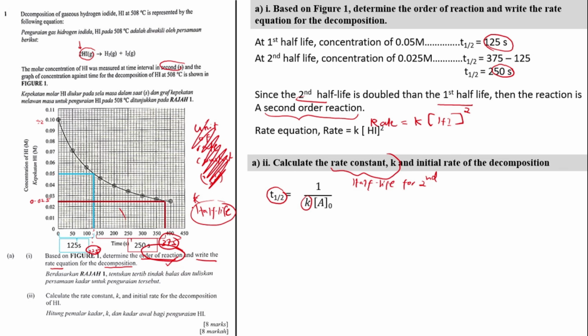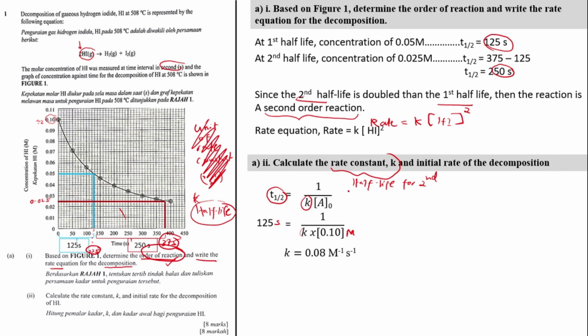Our first half-life is 125 seconds, which is the blue color here. We put in the formula: 1 is still 1, k is what we need to figure out, and our initial concentration is 0.10. So we plug in and solve the mathematics. Here is in seconds, and this one is in molar. Once you do the math, you get k equal to 0.08 per molar per second. The k goes up here and the second goes down, so it is per molar and per second.